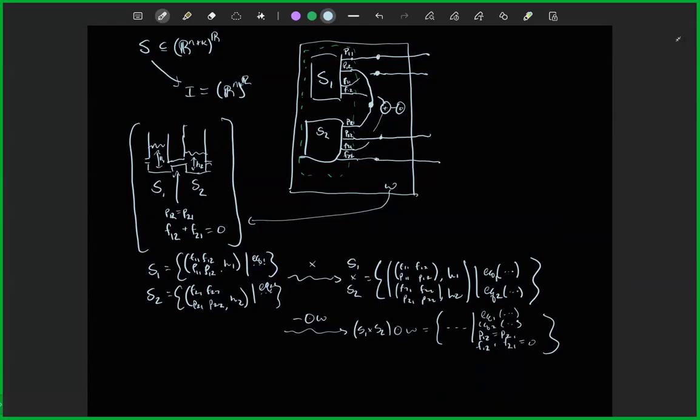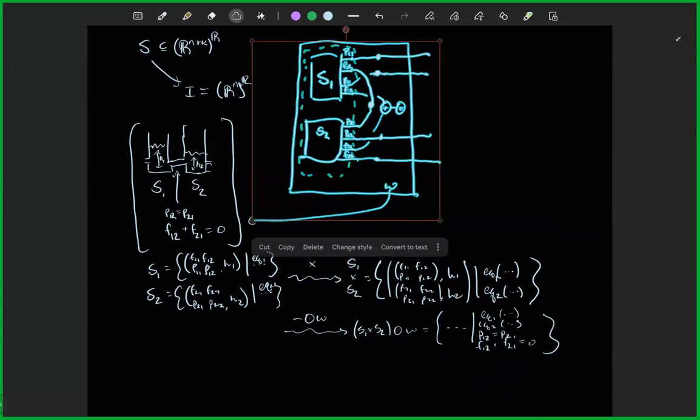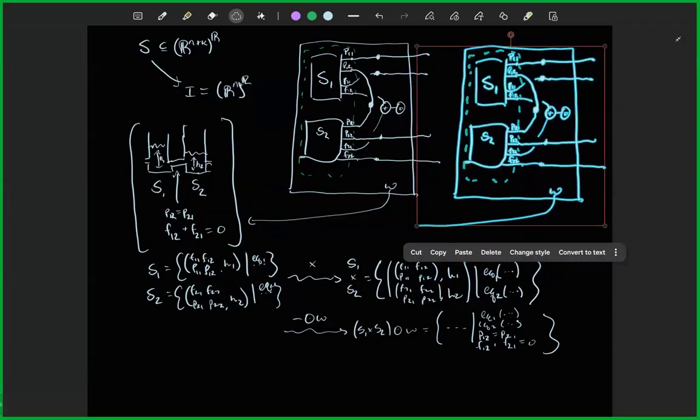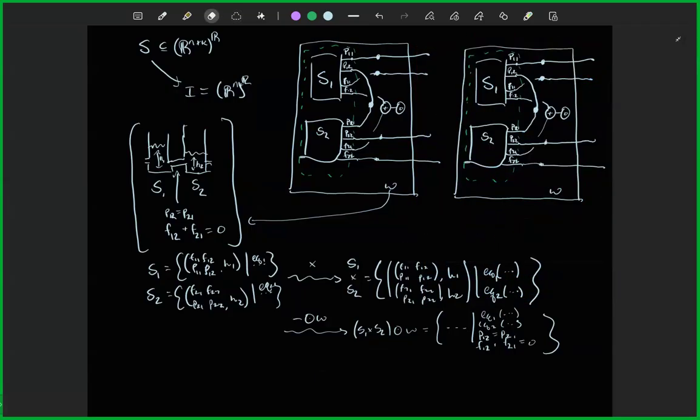Okay. So let's take this diagram here, which I'm just going to copy. Because I want to emphasize that when I say we take the diagram, it doesn't refer to the inner parts anymore. It's just that diagram. And what I want you to note is that this diagram has a nice combinatorial form.